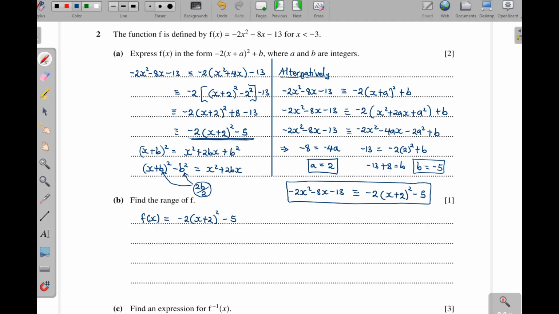So this one is an n-shaped curve, since the coefficient of x squared is negative, okay, then the turning point we are going to have here is going to be at x = -2. You just get this one here, the squared part, you equate it to 0, you get the value of x there. Then when you put it there, of course, this whole thing will go. This will be the value of y. So value of y is going to be -5.